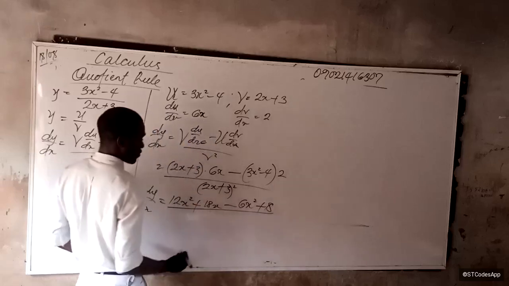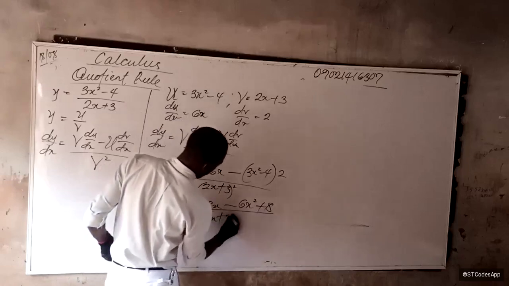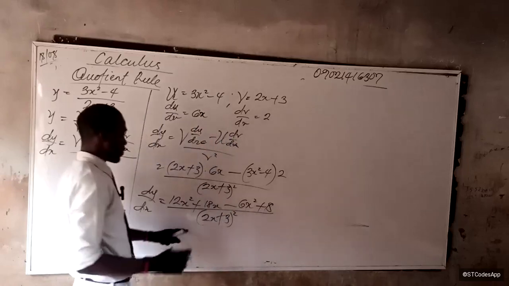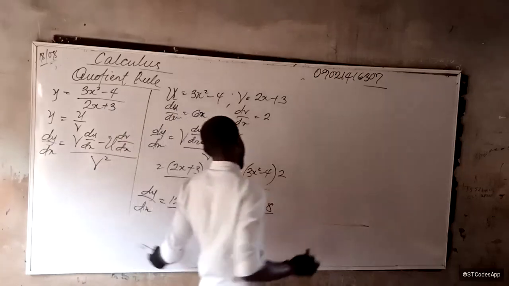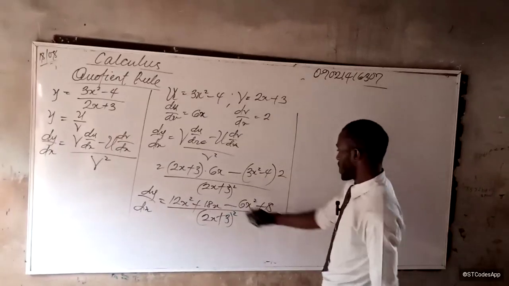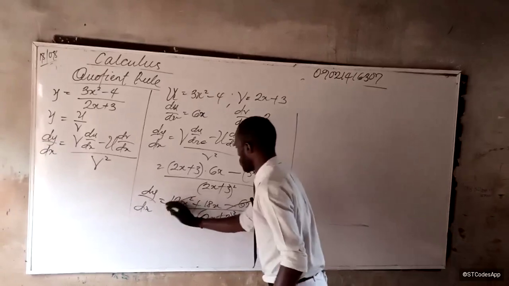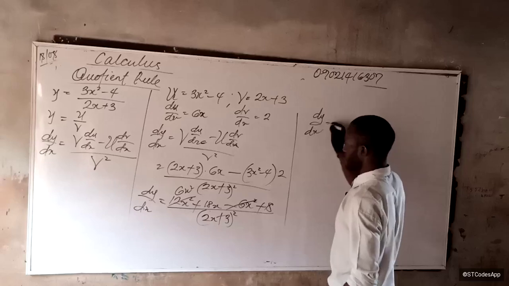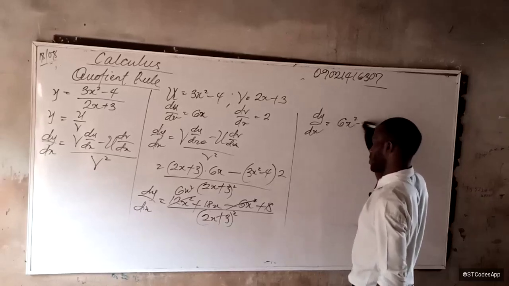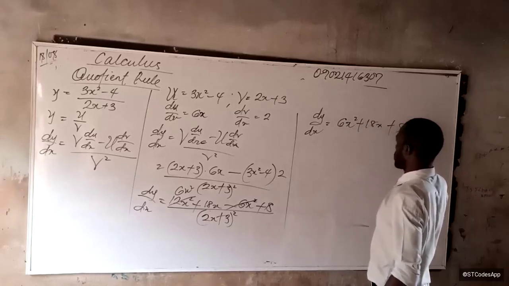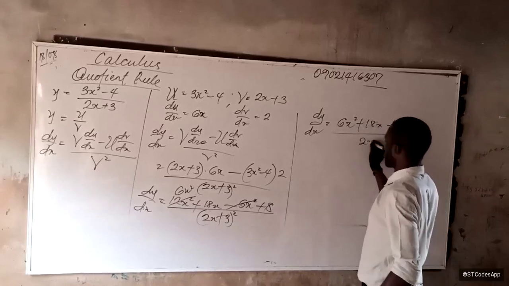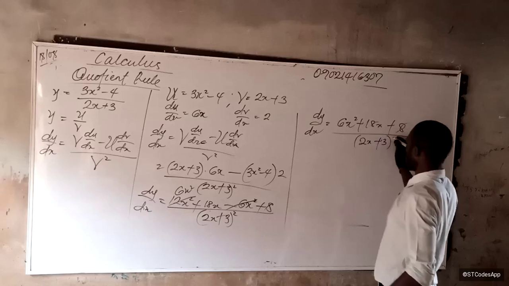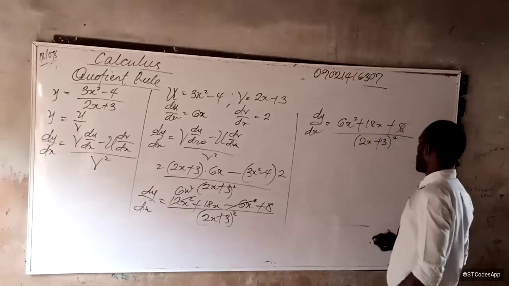Now you can express this in full if you want, but usually your answer is presented in the form where the denominator is not fully expanded. So this one will subtract this to give us 6x squared. So we have dy/dx becomes (6x squared plus 18x plus 8) over (2x plus 3) all squared.